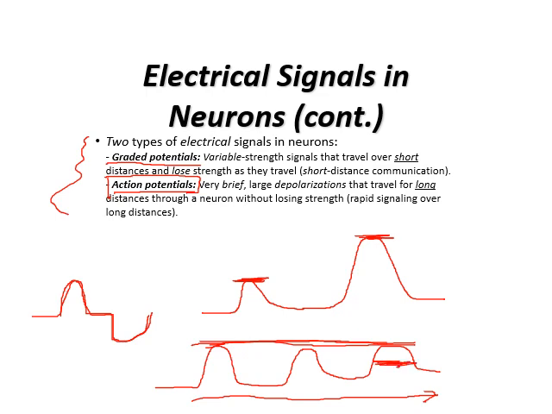It doesn't lose size as it moves through. Okay, so that's the difference from them. But what we're going to first look at is the graded potentials, how these take place, okay, what causes these, and ultimately it's going to be the graded potentials that lead to whether we see an action potential down the axon or not.